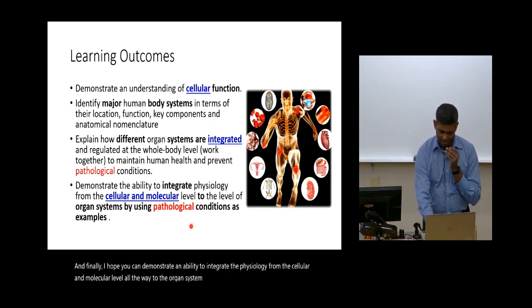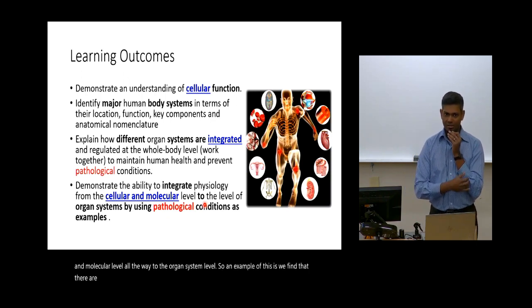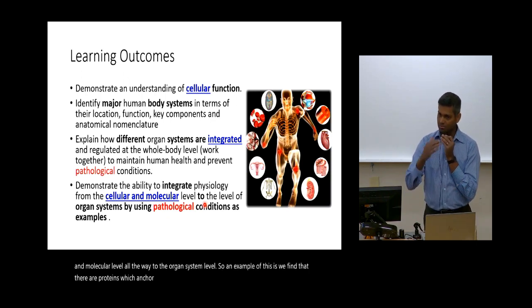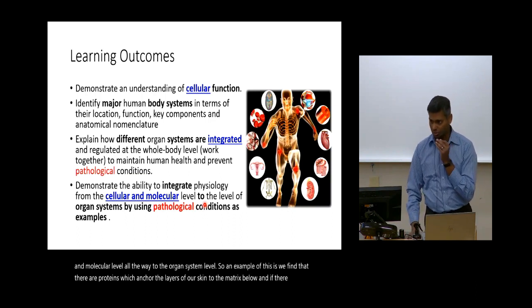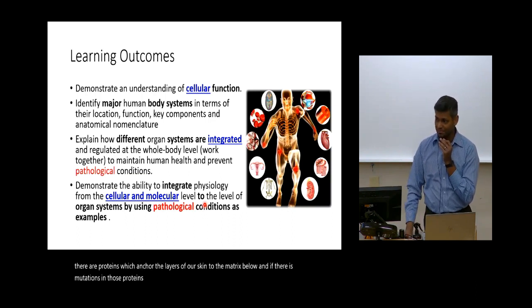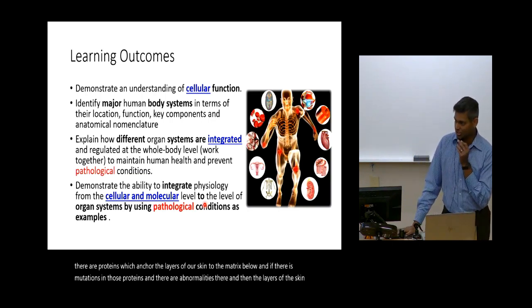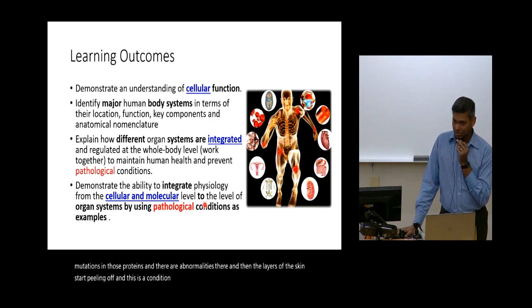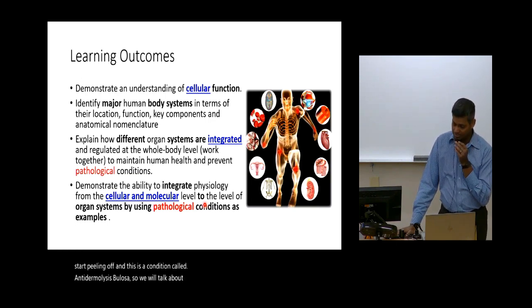An example of this is that there are proteins which anchor the layers of our skin to the matrix below, and if there are mutations in those proteins and abnormalities there, then the layers of the skin start peeling off, and this is a condition called epidermolysis bullosa. We'll talk about that when we discuss the integumentary system.